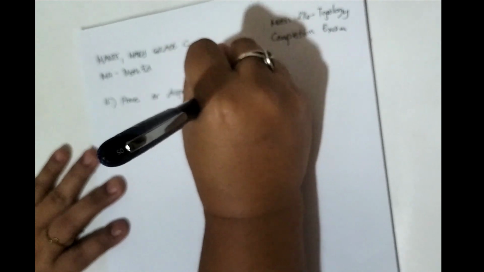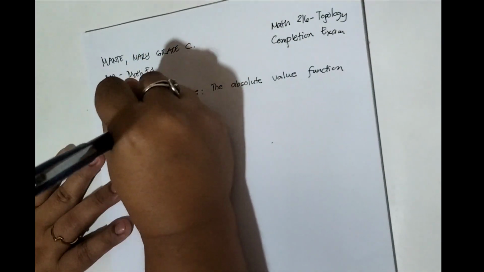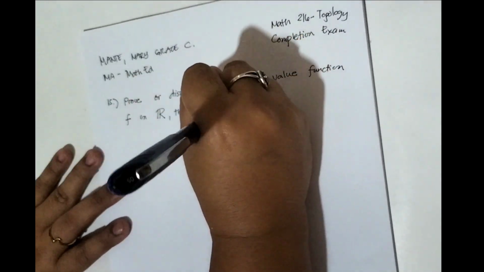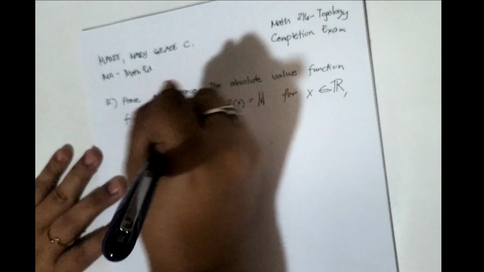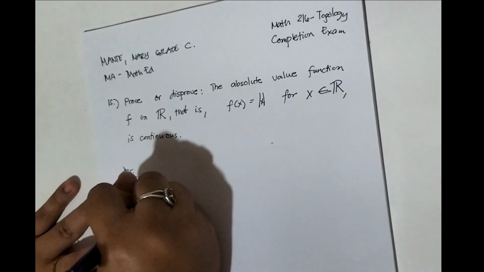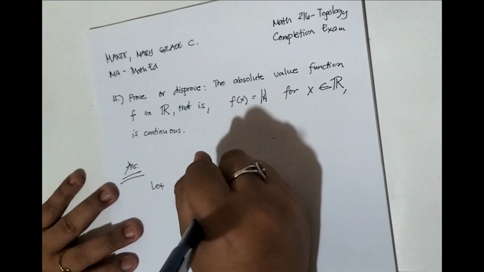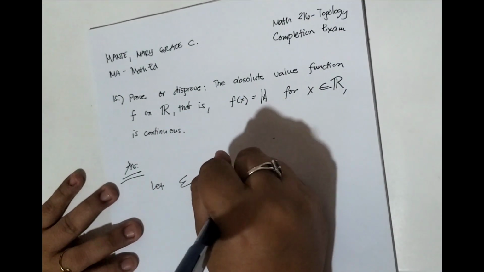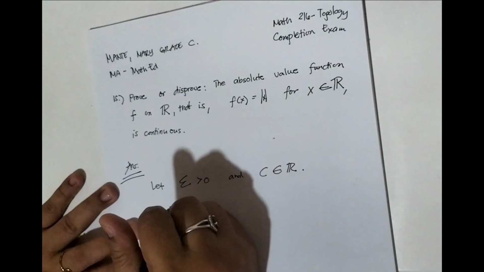Another number. Prove or disprove the absolute value function f on real numbers, that is f(x) = |x| for x an element of the real numbers, is continuous. So our solution, our answer for number 15: let ε be greater than 0 and c an element of the real numbers.